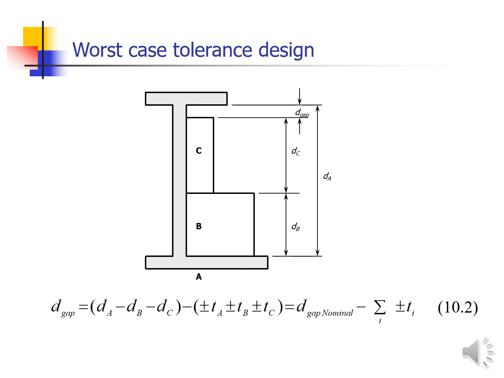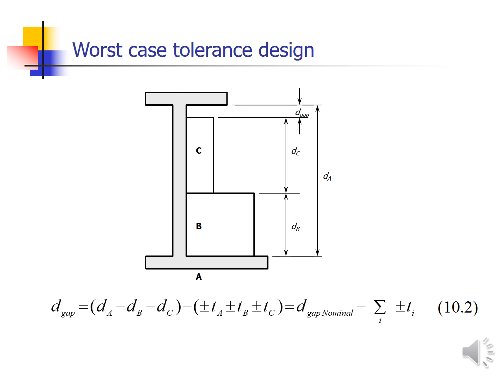Okay, this year I will teach you about the worst case scenario design. We have part A, part B, part C. We want to assemble part B and part C inside the area of part A. Here part B, dimension B has a tolerance plus minus.